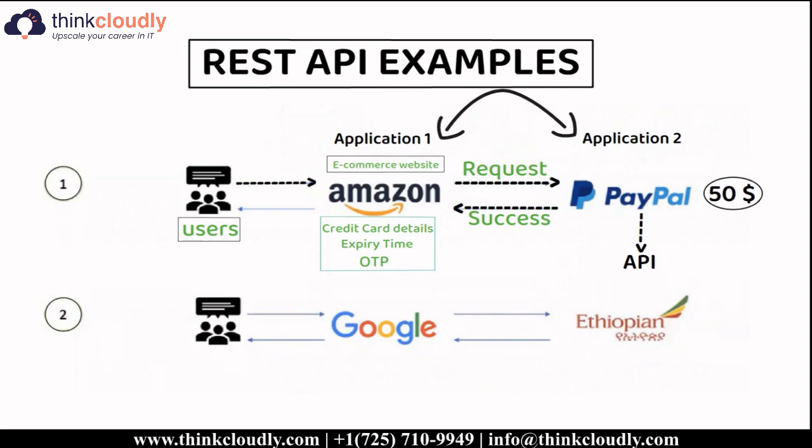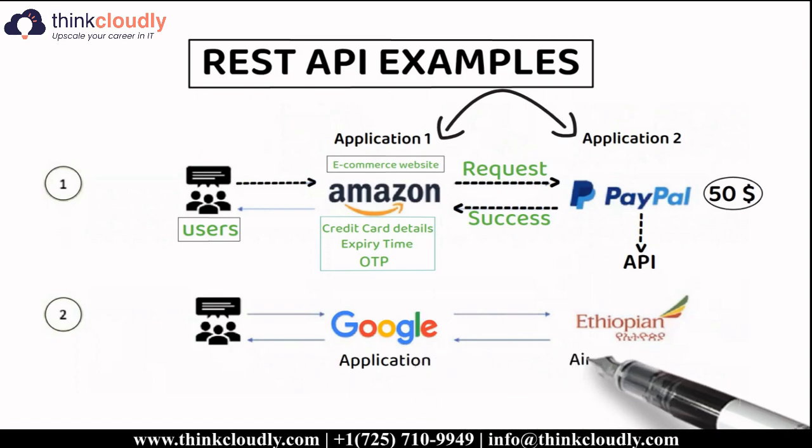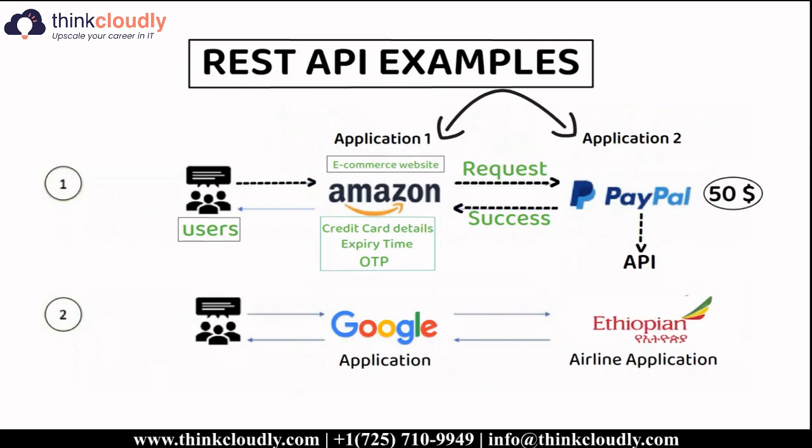So you will search flights on Google, and whichever you think you will be buying the tickets, then Google as an application is going to communicate with the airline application. So the airline will also have its own application. So Ethiopian Airlines or United Airlines or Air France, Air India, all these are different companies, different organizations, and each and every organization has their own application.